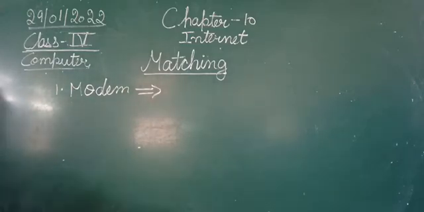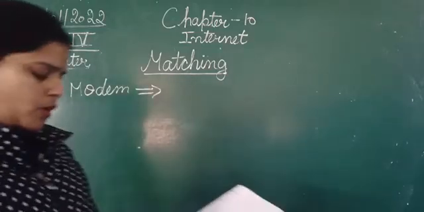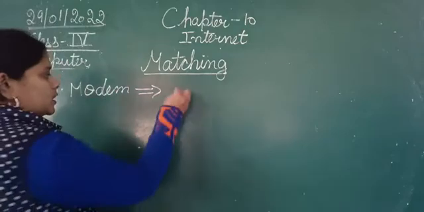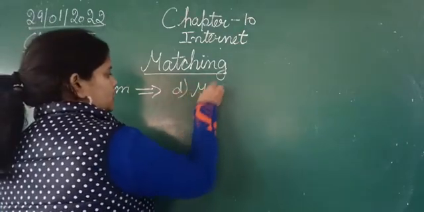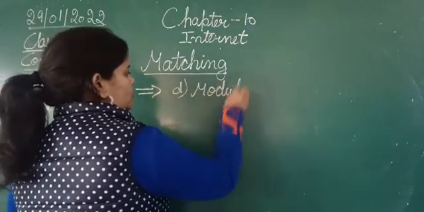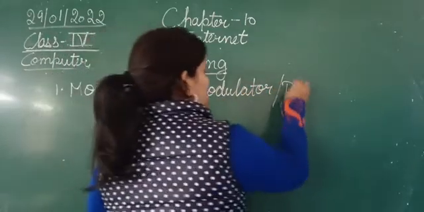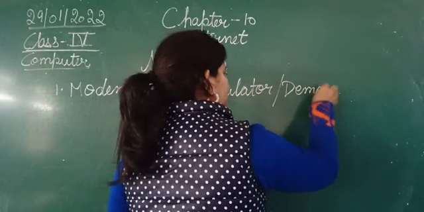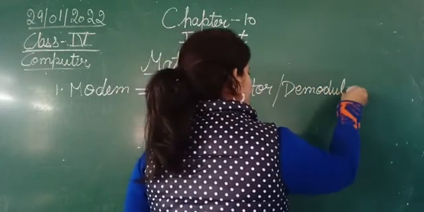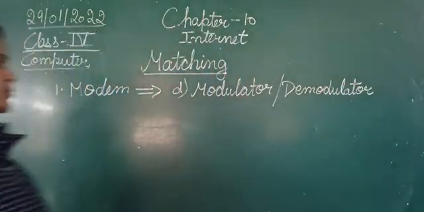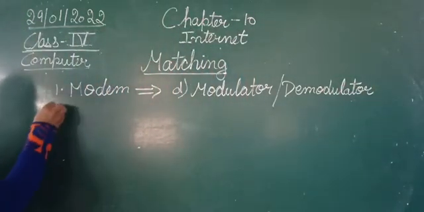What is a modem? The full form of modem is modulator demodulator. That is option number D, modulator or demodulator.